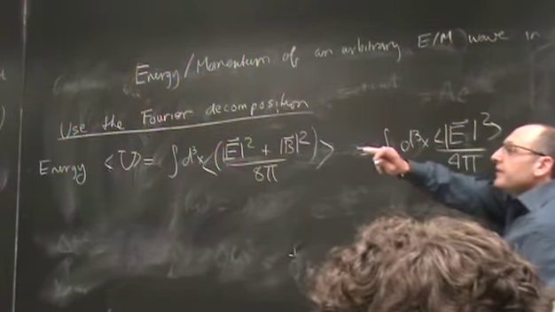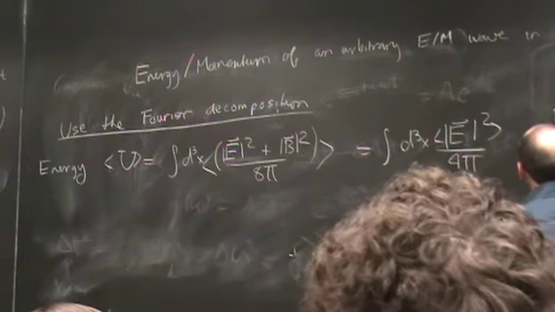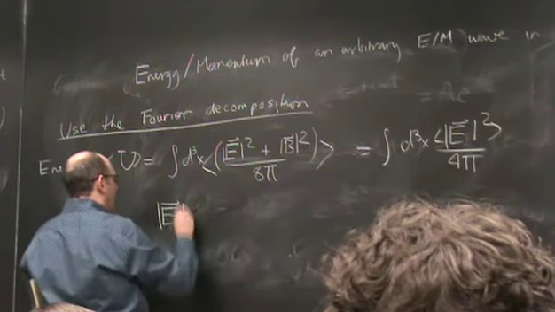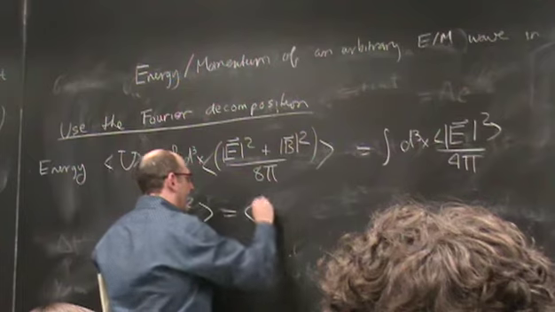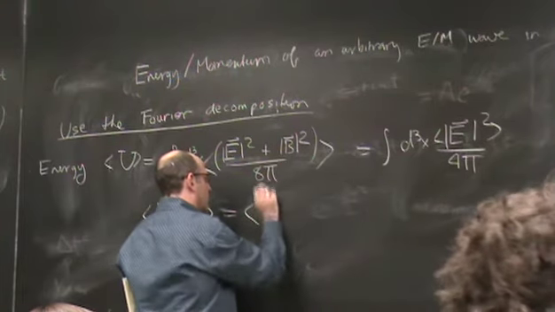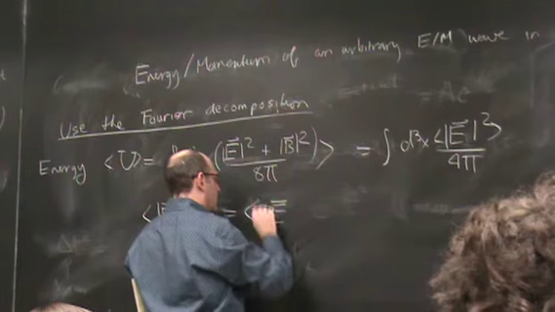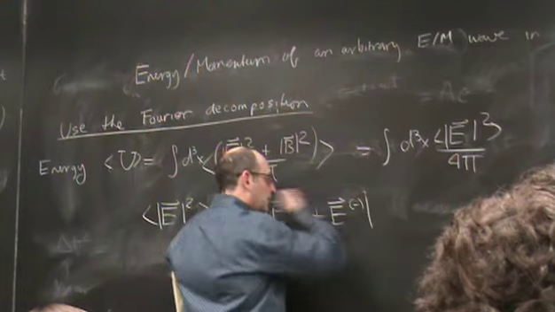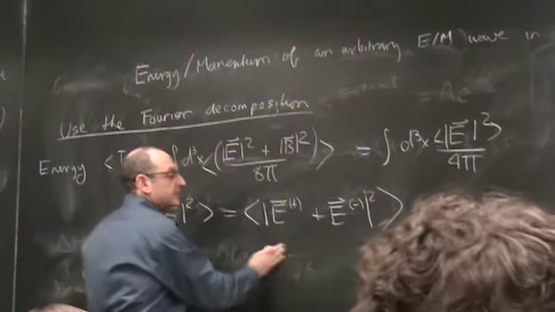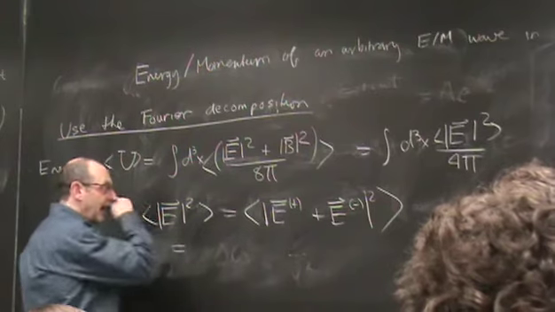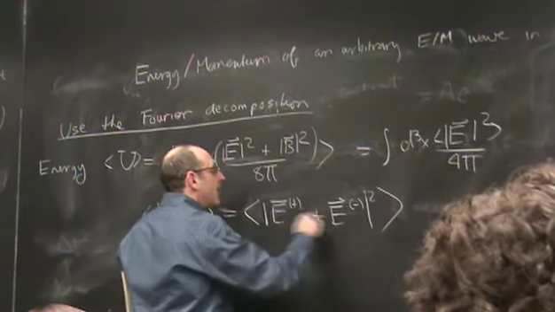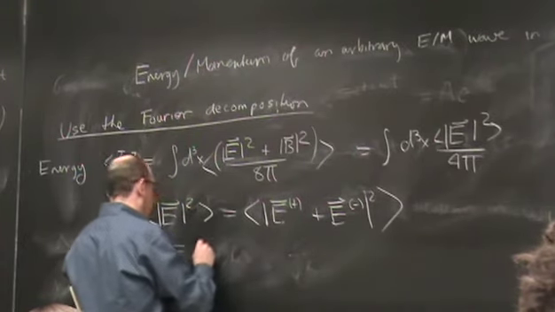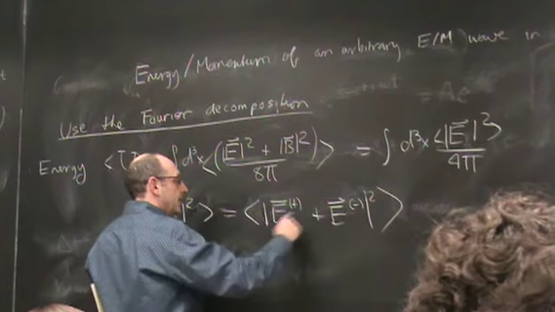we can express this in terms of the positive and negative frequency components. The average of E squared is the average of E plus E minus, squared. But when I time average, the E plus and E minus average to 0. So what I get when I have the E plus squared with E minus squared, that will average to 0.